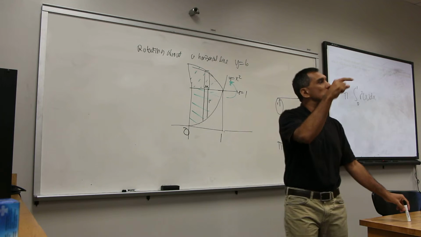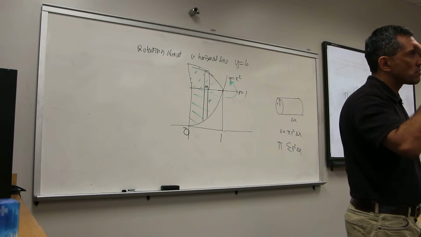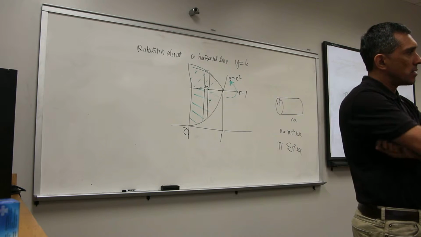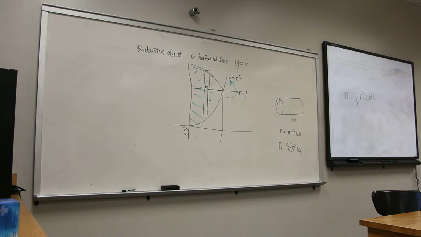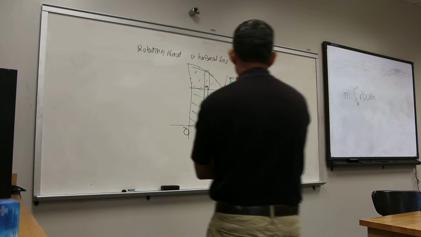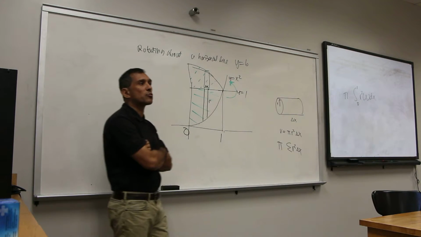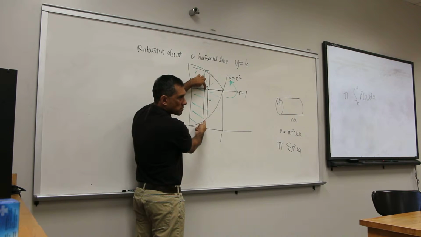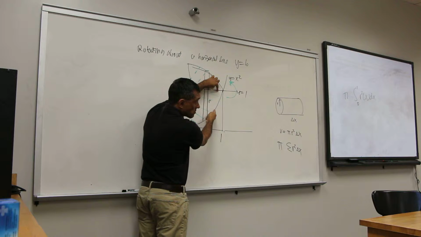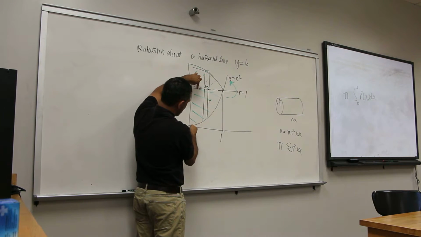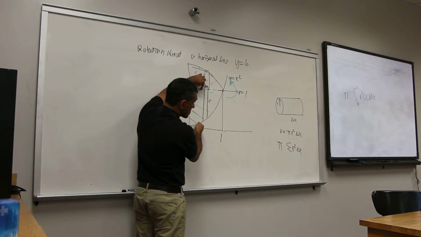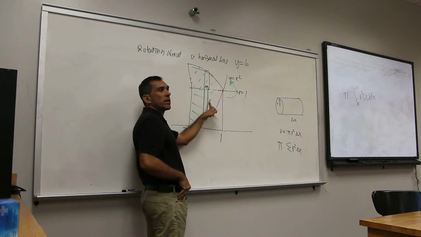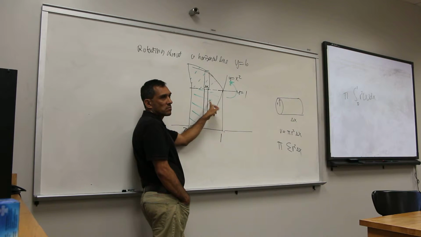Now I need to know how is the radius changing with x. That will be my function that I will need to square and integrate. How is my radius changing with respect to x? Well, there it is. Who will tell me what is my radius as a function of x?